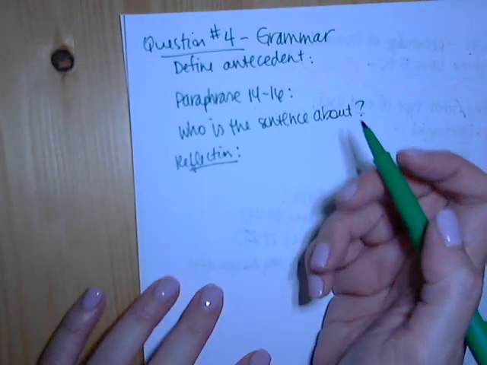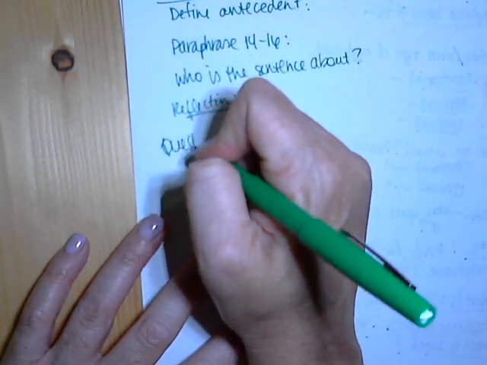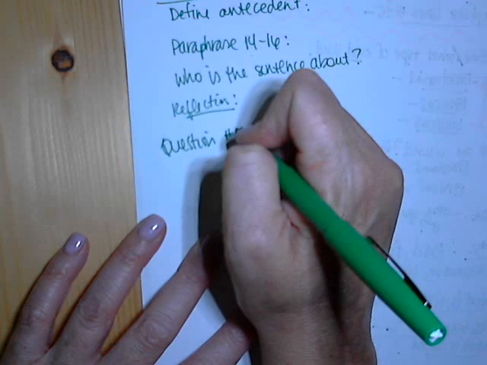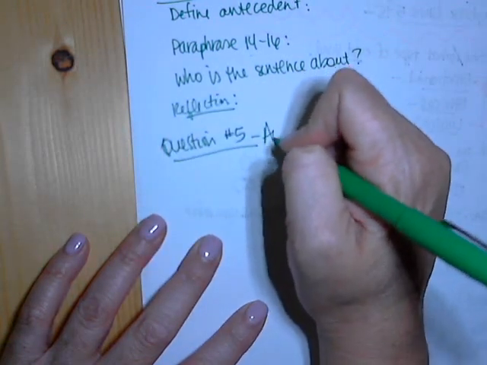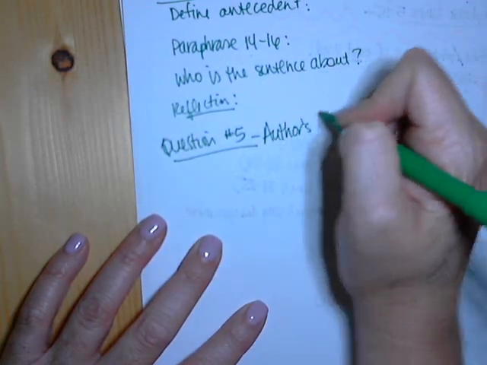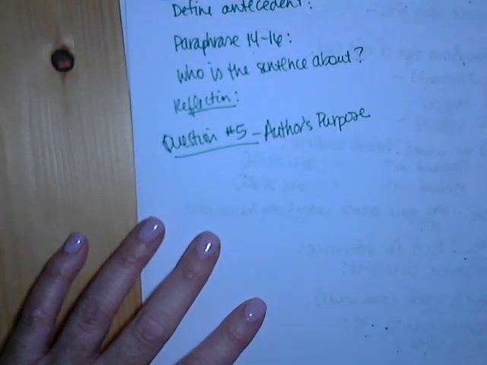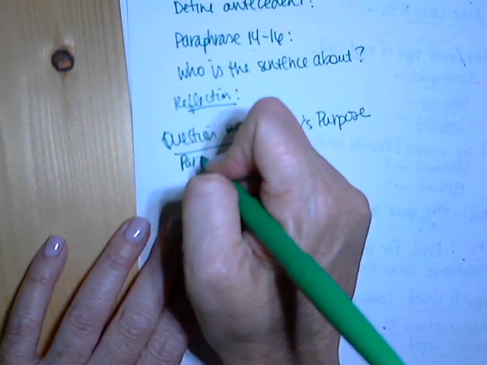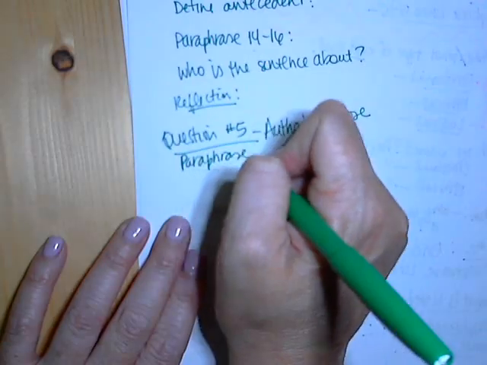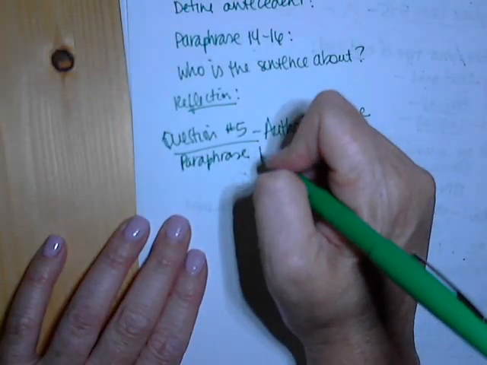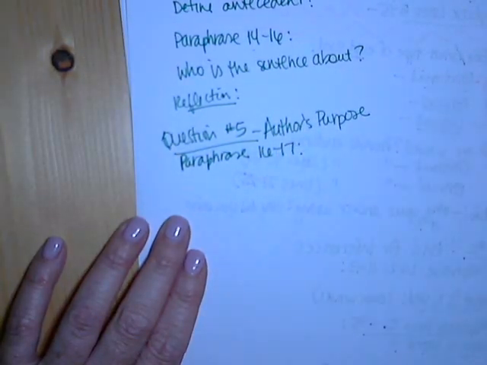So question number 5, you have author's purpose. All right, so what do you think I have to do? Paraphrase first. So we paraphrase lines 16 through 17.